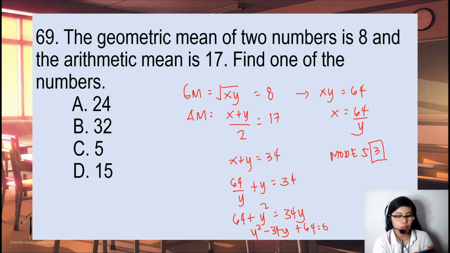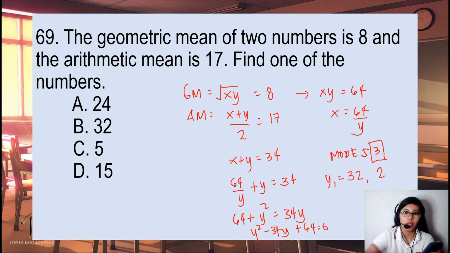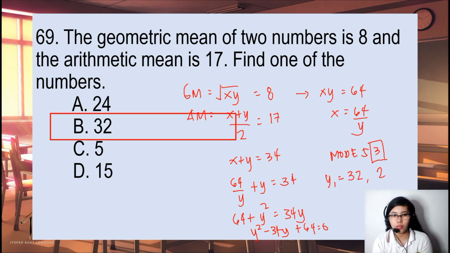Okay, this is another calculator technique, mode 5-3. Our A is 1, our B is negative 34, and our C is 64. So we'll have the answers 32 and 2. So our answer is 32 and 2. And since in our choices we only have 32, that is our answer.